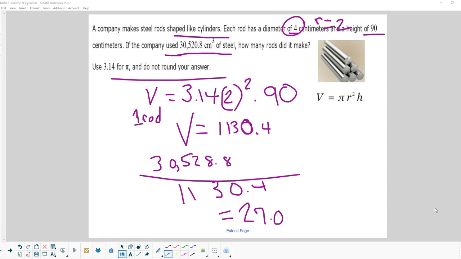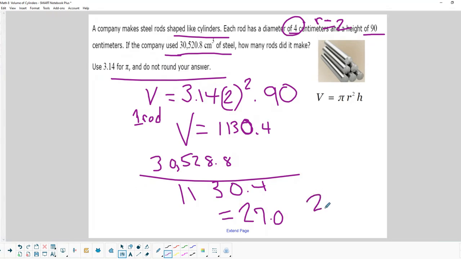So that's how much it is for one cylinder. And then they've got this much still, so how many rods can we make? So let's do that again. 30528.8 divided by 1130.4. Yeah, so it looks like if you tried to round it at all, we're just going to round it up to 27 rods.